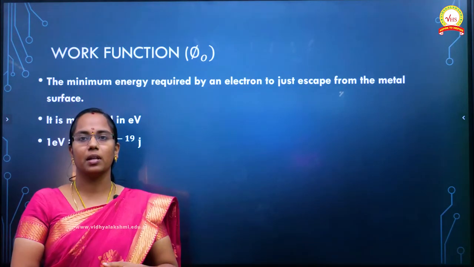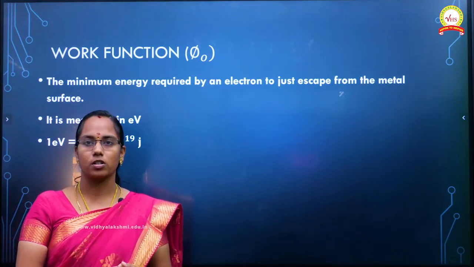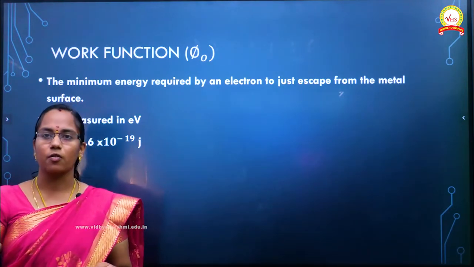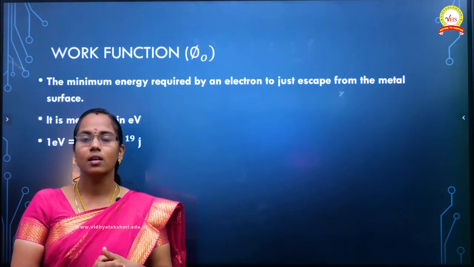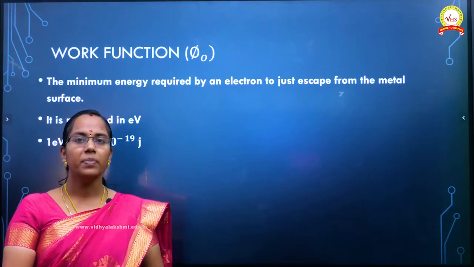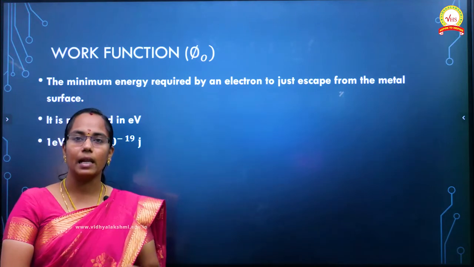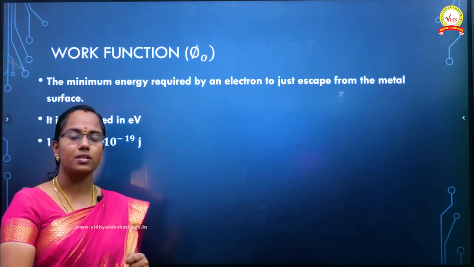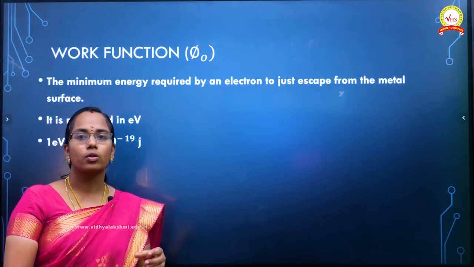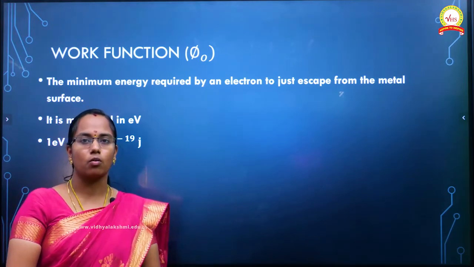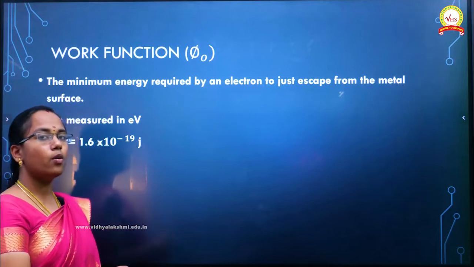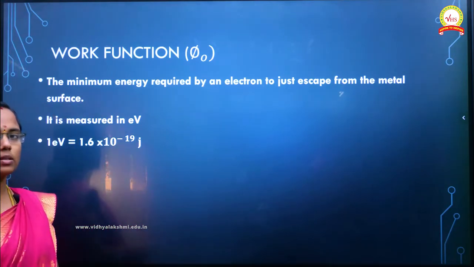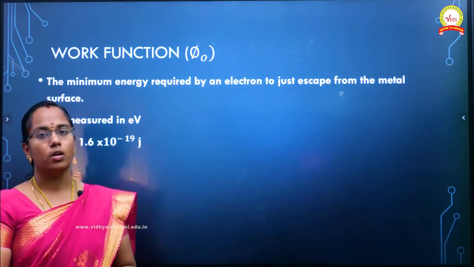That minimum energy is known as work function. The minimum energy required by an electron to escape out of the metal surface is known as work function, and it is usually measured in electron volt. EV represents electron volt. So the SI unit of work function is electron volt, and you can convert electron volt into joule, where 1 electron volt is equal to 1.6 x 10^-19 joule.